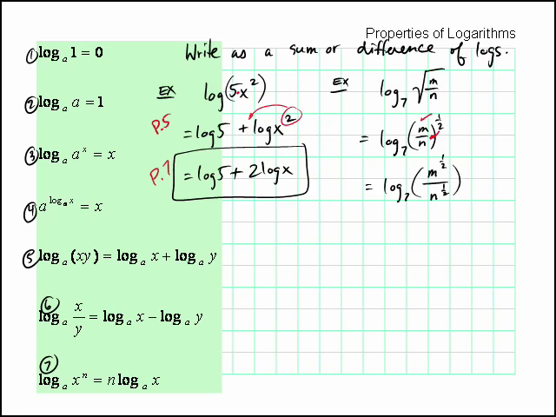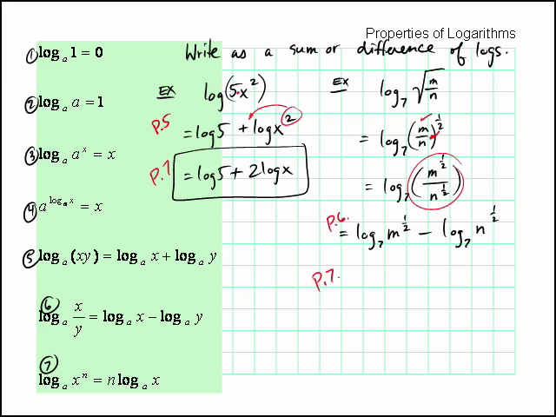I'm going to use property number 6. And property 6 says that I can turn the division in here into subtraction. So this is now the log of m to the 1/2 minus the log of n to the 1/2. Next, I can use property 7.